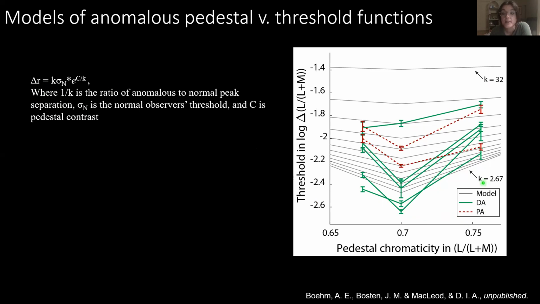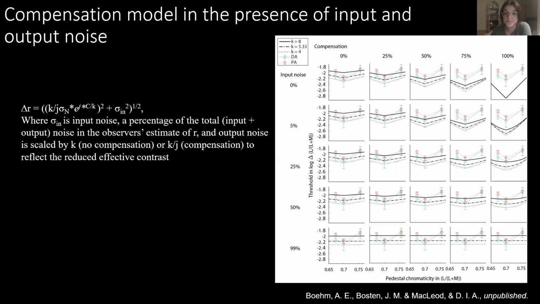We applied this model for several values of K ranging from 1 to 12 nanometers, because we didn't actually know the spectral separations for our anomalous participants. But we find that for any of these predictions of spectral separation, the slopes for anomalous participants are much steeper than what this zero compensation model predicts.